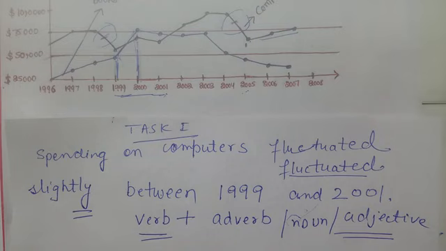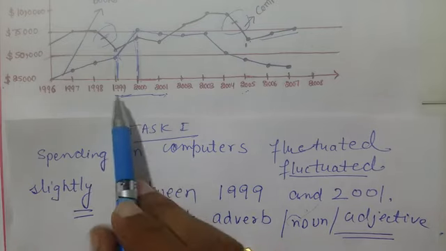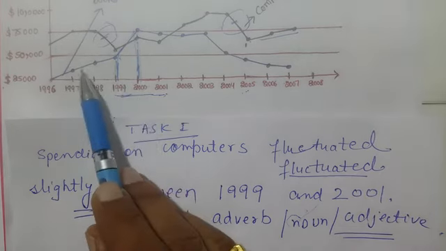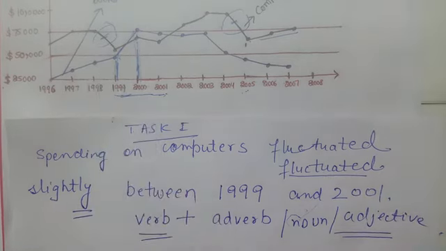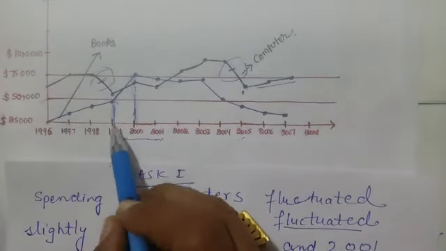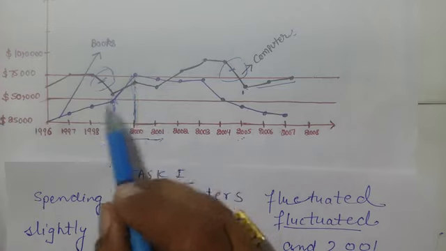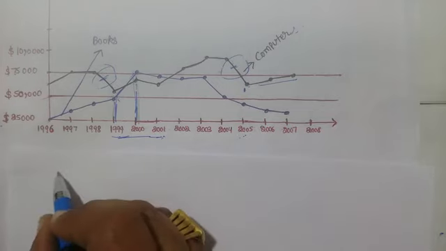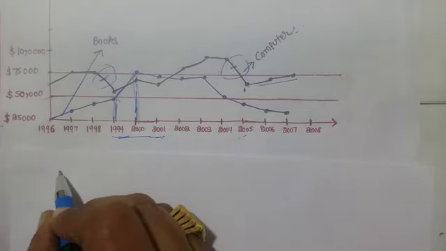In the next sentence I'll work on the books, and I'm going to take the year from this to this, because if you remember, this is the line of books. So this to this, we'll work on this one. So how to write this kind of statement again?